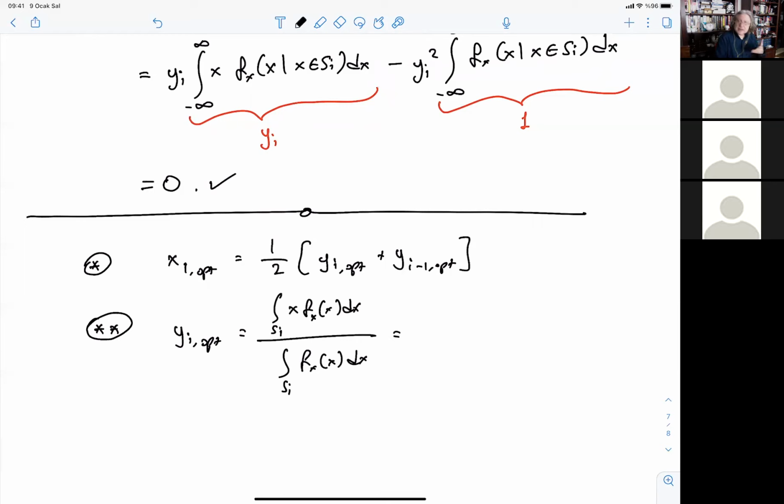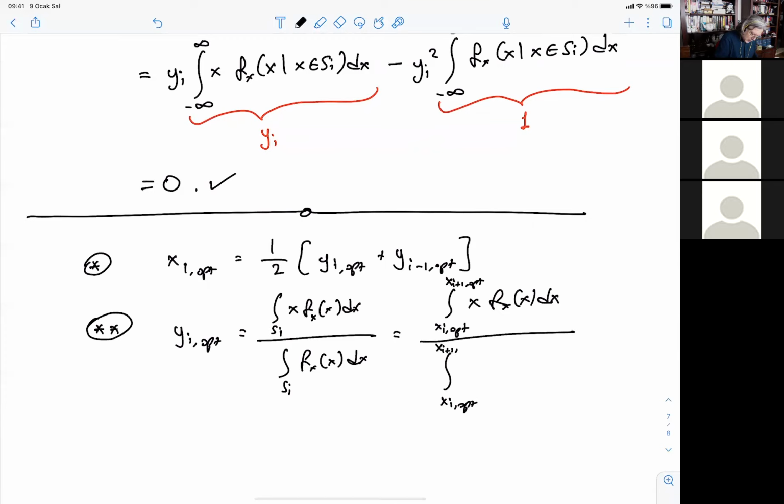Now that Si is bounded between xi and xi plus 1, we could also write it more explicitly: the integral from xi optimum to xi plus 1 optimum of x fx of x dx divided by the integral from xi optimum to xi plus 1 optimum of fx of x dx.